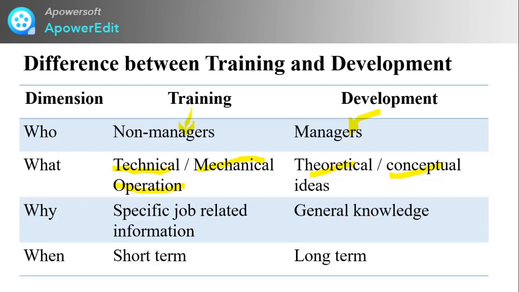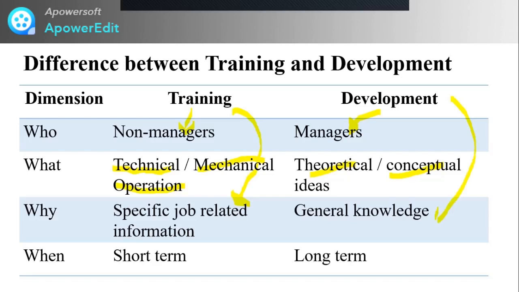Then why? Training is for specific job-related information. Through the training program, we give how to do the job, how to do the activity. But through development, we give general knowledge. For example, why are you studying HRM?